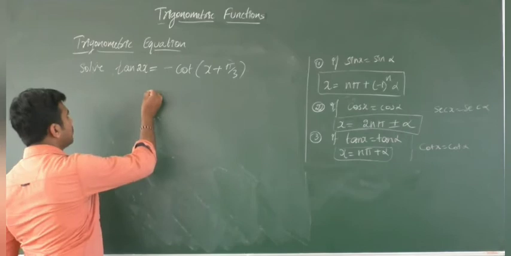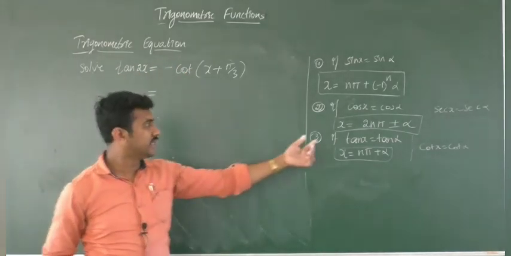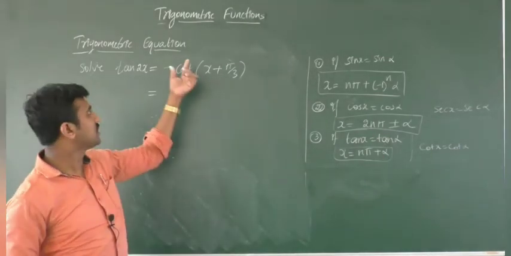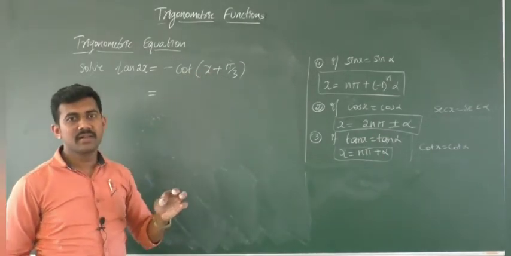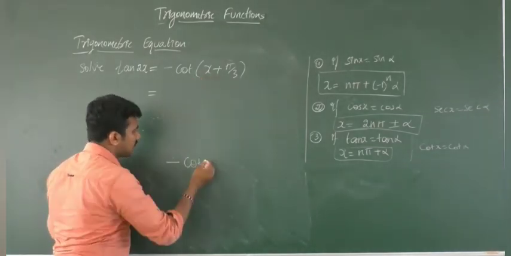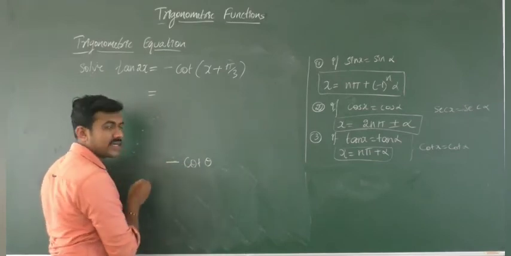So see here we have tan function on the left, but on the right we have cot. So we have to convert this cot in terms of tan. So we have minus cot of some value, we consider that as theta. So minus cot theta, how can we write it in terms of tan?